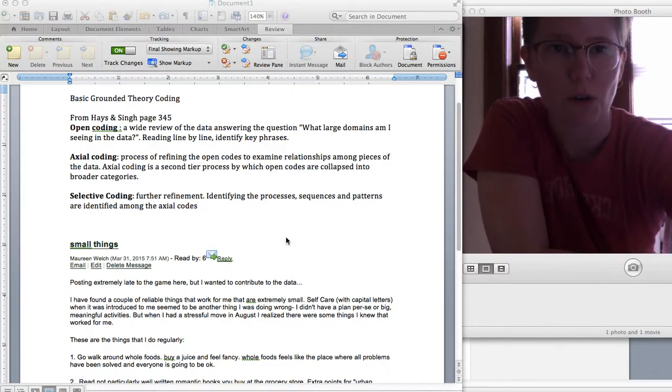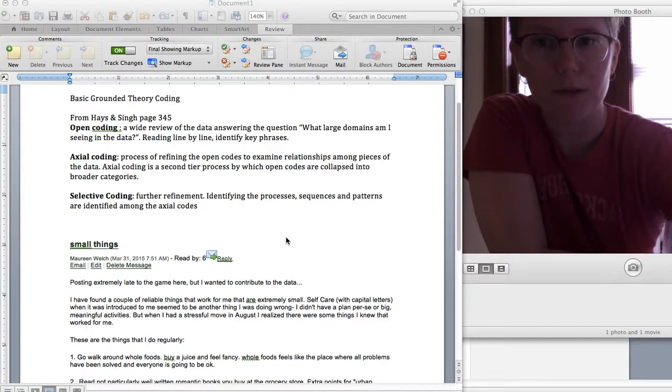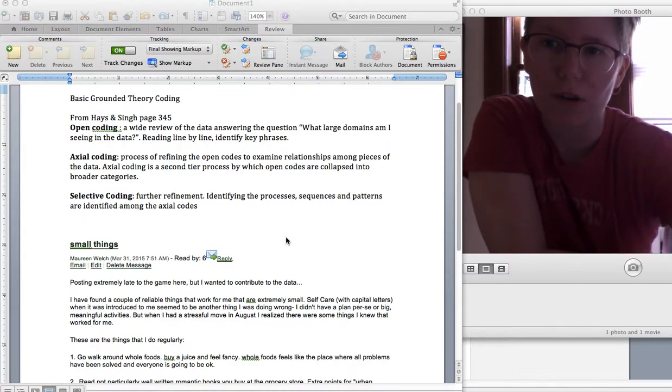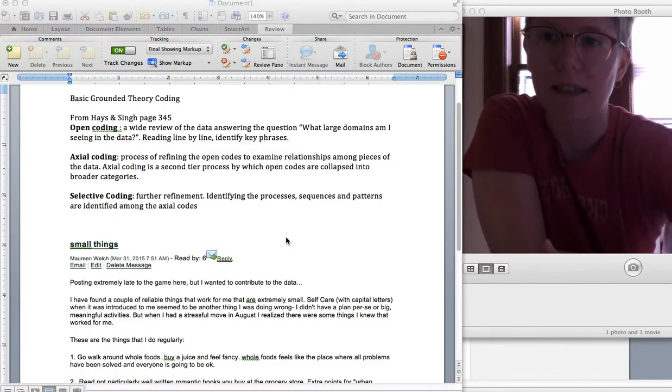The first of which is open coding, and that's when you take a really wide review of the data. You're reading it several times, close reading to see what large domains am I seeing, and you identify key phrases.